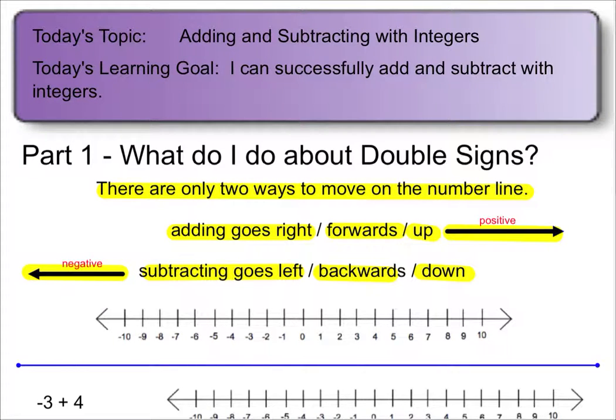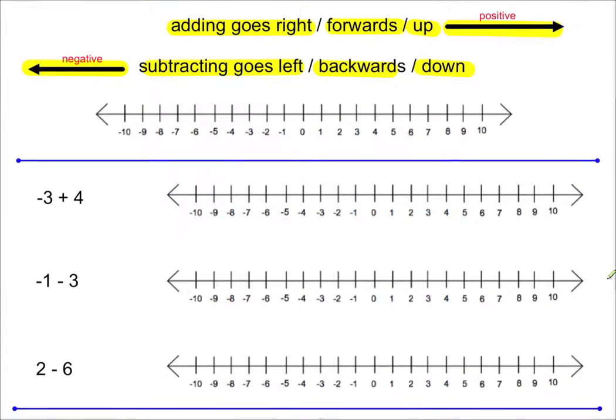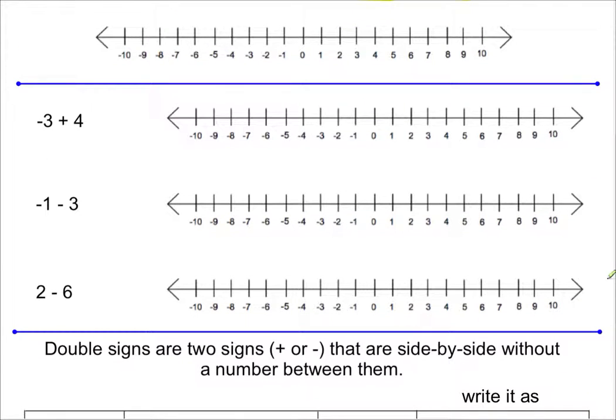So if we just take a look here, we're going to see how we represent these things on the number line. I've got some straight up adding numbers. I've got -3 plus 4. Now -3 is our start.